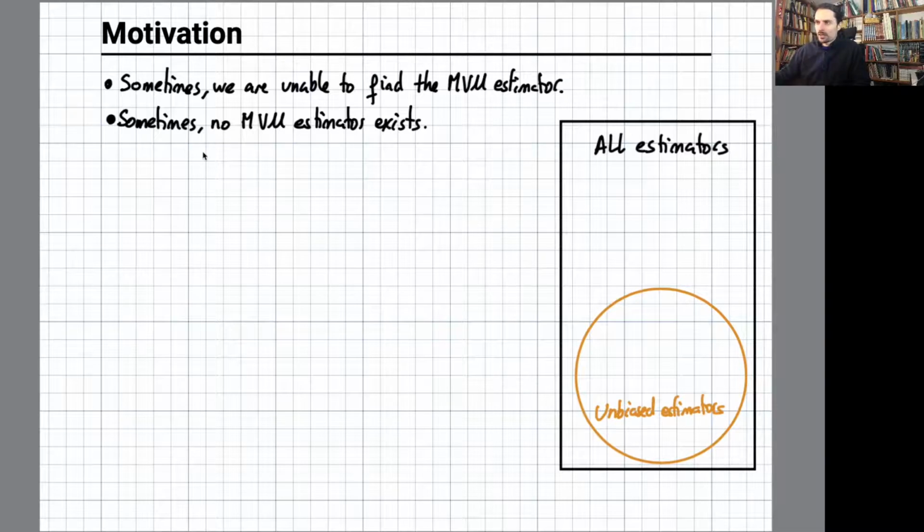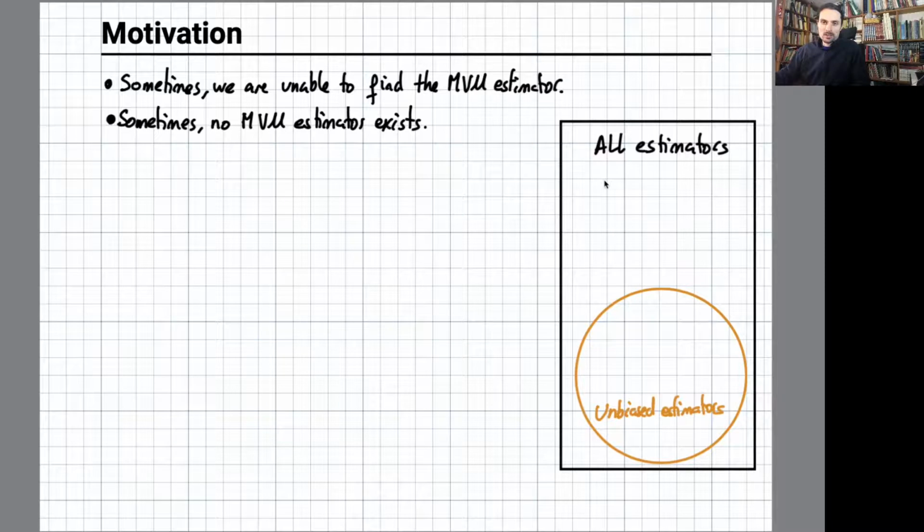So remember how we arrived at the notion of MVU estimator. We initially tried to find the estimator that minimizes the MSE among all possible estimators, okay? But we showed that that goal was impossible, right?